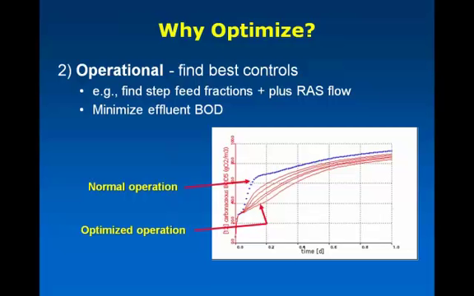Let gpsx have control of those and find out what you can do to get that best minimum concentration in your effluent. In this case, we can see here that there was obviously a heavy change in loading to this plant, and normal operation would have produced a line up here, but we can let the gpsx optimizer run, and it's making changes to those parameters and getting progressively better answers as it moves along.